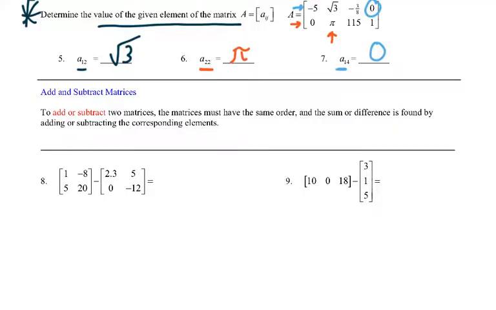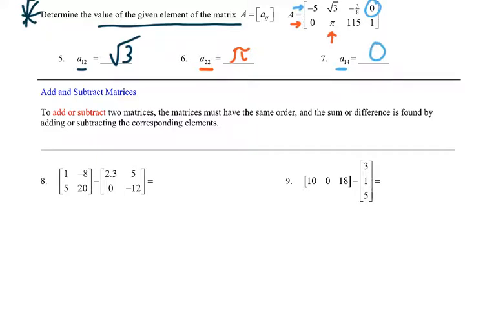Looking at adding and subtracting matrices, we have to make sure that they have the same exact order. The sum and the difference are found by adding or subtracting the corresponding elements. So if I have two matrices that have the same order, I can add or subtract them, and we do this by adding each corresponding element to each other, or subtracting them if it's a subtraction problem.